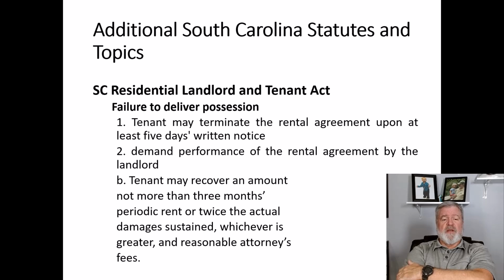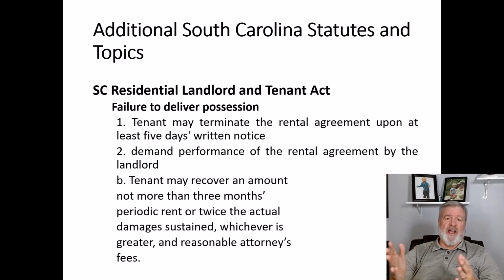So you could be losing 3 months' rent or twice the damages sustained. I would remember that for test purposes, because with the exception of one thing in the Landlord and Tenant Act, and you'll see that here towards the end.